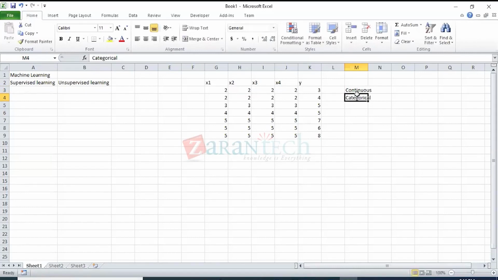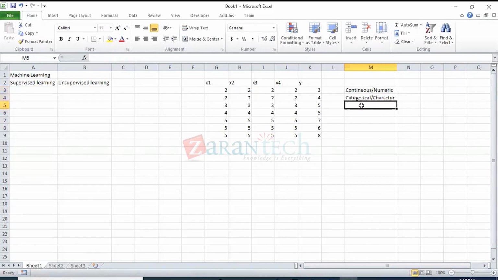Continuous can be termed as numeric as well. Categorical is nothing but a character. So basically there are two types of variables: continuous or numeric, and categorical or character.